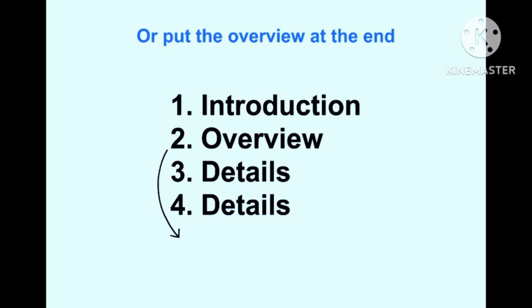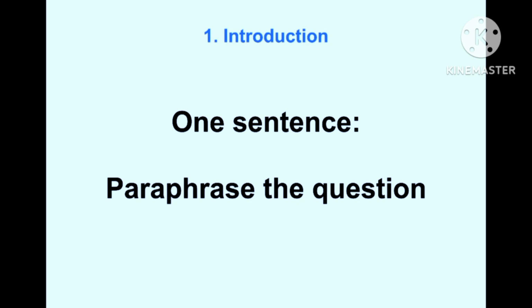Now, moving on, the introduction. What do we do? Very simple. 1 sentence, paraphrase the question. So you take the question and you go through it bit by bit, changing the words if you can, maybe change the order. You don't have to change everything. Just try to change the key words in there. Anyway, moving on, the overview or summary, what do we do?